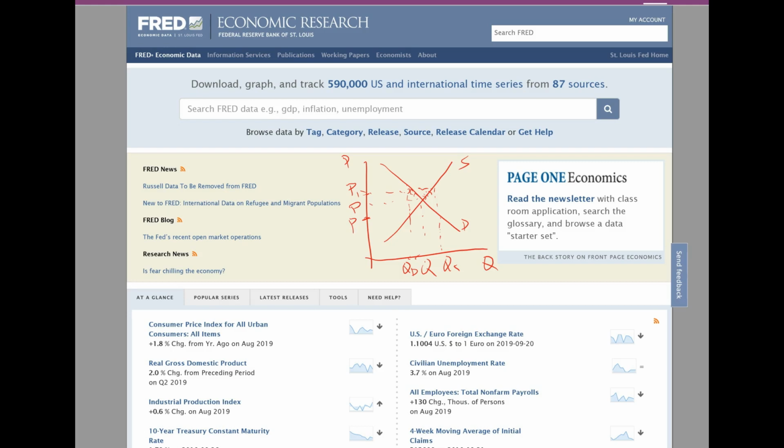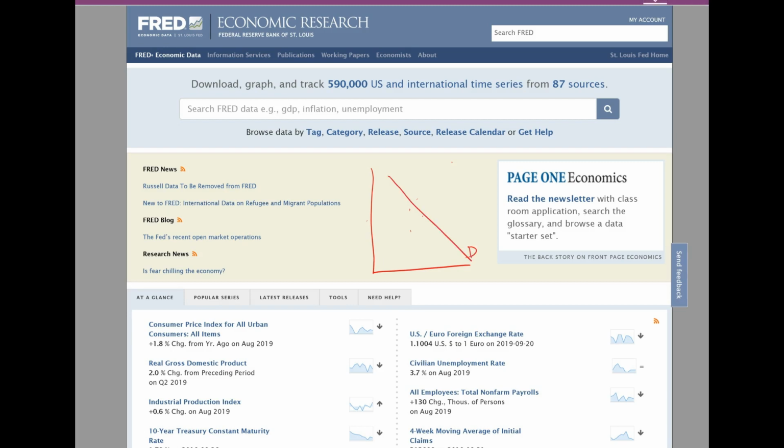And what we discussed is that when you change a determinant of demand or a determinant of supply other than price, these curves shift. For example, let me just erase here. So let's just focus on the demand curve.